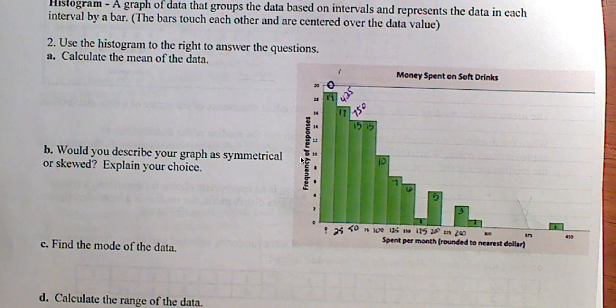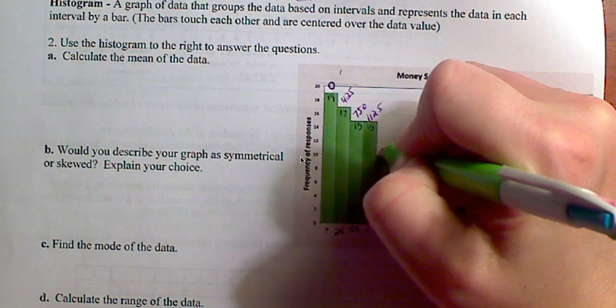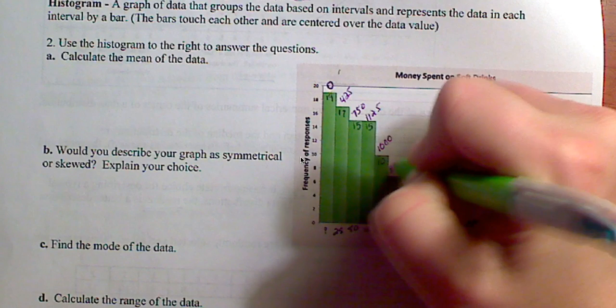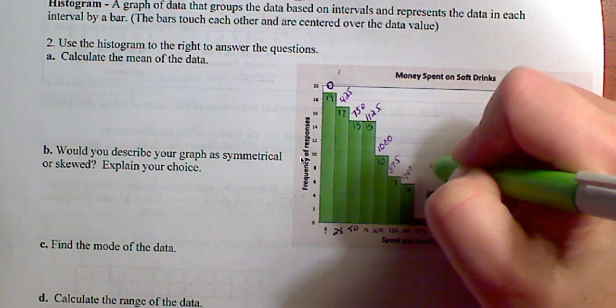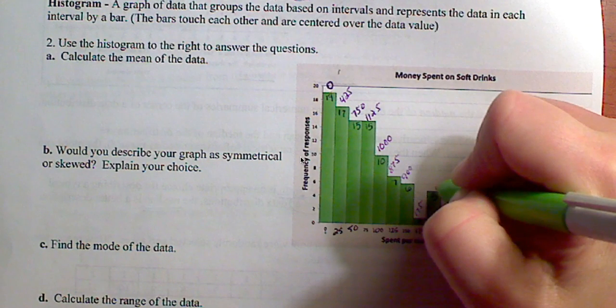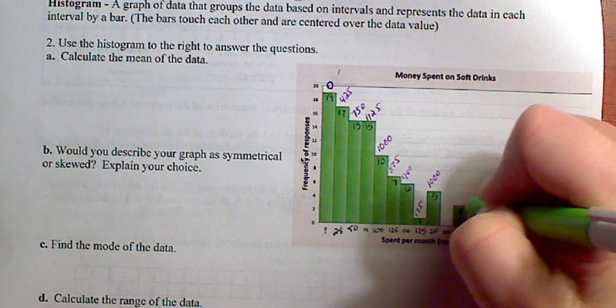All right, now let's see if you have the rest of these right. So this one should be 1125. This should be 1000. Then we've got 875, 900, 175, 1000, 0 of course there.